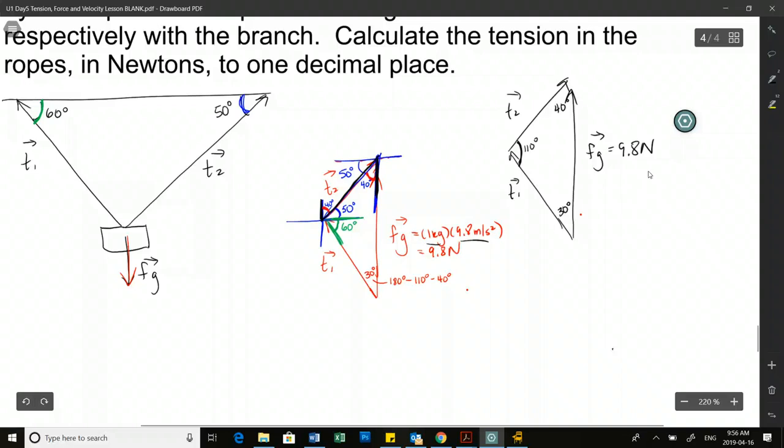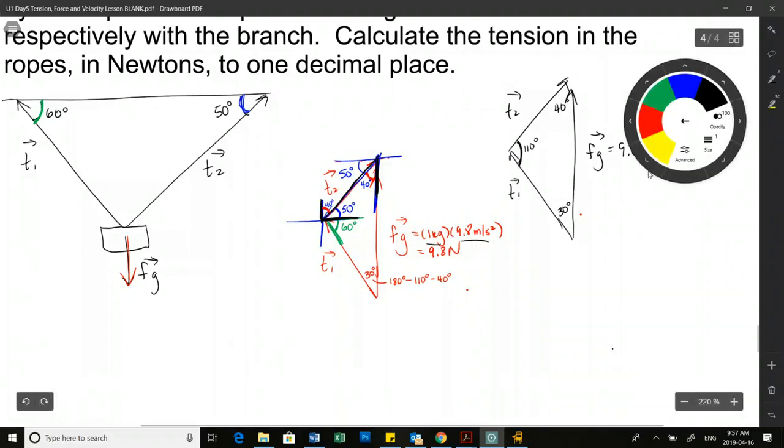Zainab, how did you find the angles 40 and 30 on the second? So if I know that this is 90, do you understand where I got 50 from? Yeah, you just minus 90. Okay, I'll do it in red for you. I'm using a Z pattern right here.